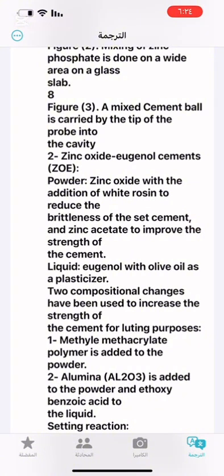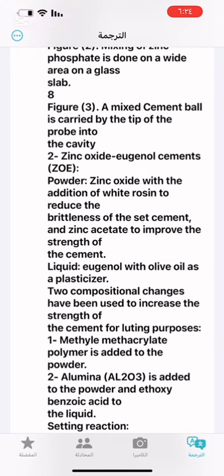2. Zinc oxide eugenol cements, ZOE. Powder: zinc oxide with the addition of white rosin to reduce the brittleness of the set cement, and zinc acetate to improve the strength of the cement.